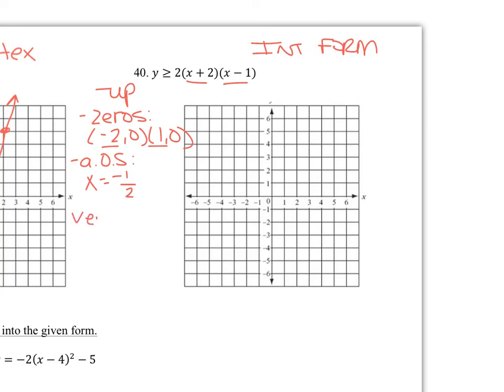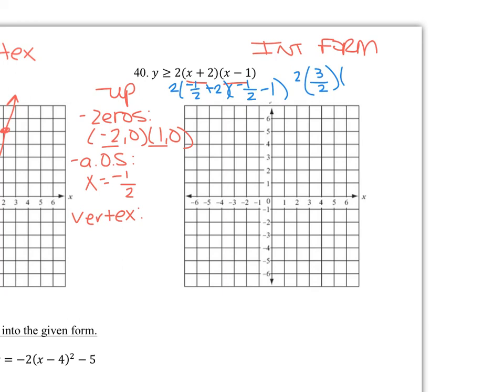So now my vertex, I have to plug -1/2 in. So 2, -1/2 plus 2, -1/2 minus 1. All right, so -1 plus 2 is 1.5, which is 3/2.